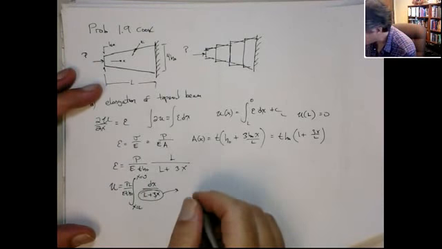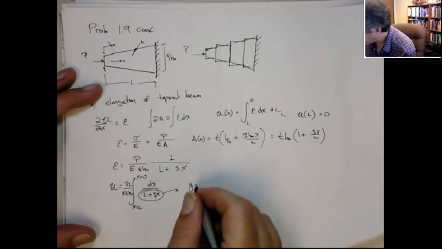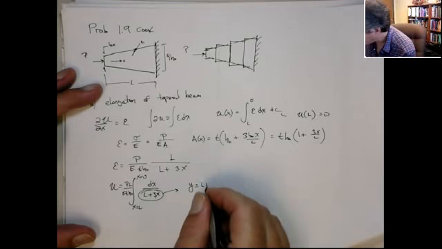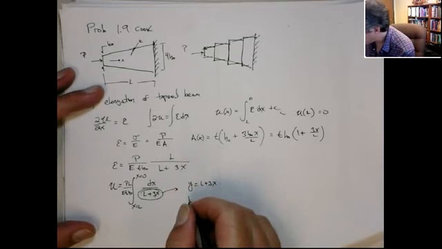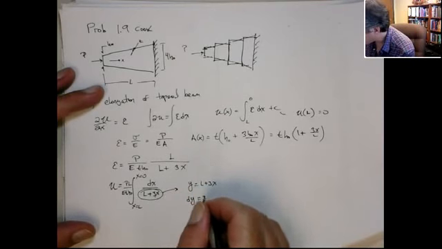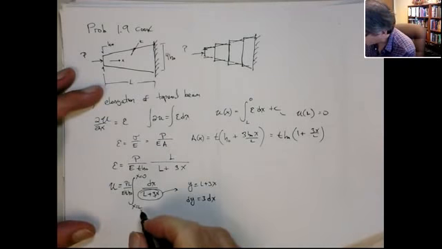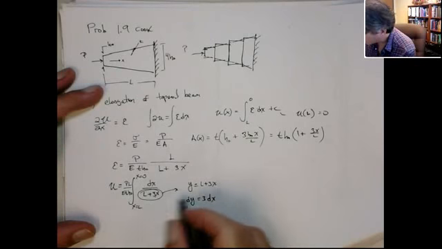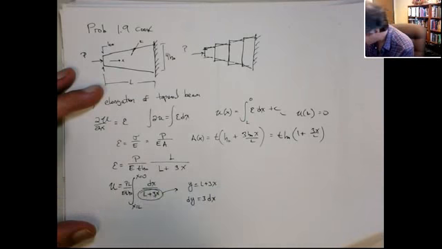So let's do a substitution and let y equal L plus 3x. That means that dy is equal to 3 times dx. And then the limits of integration are such that at x equal to L, y is 4L, and at x equal to 0, y is equal to L.